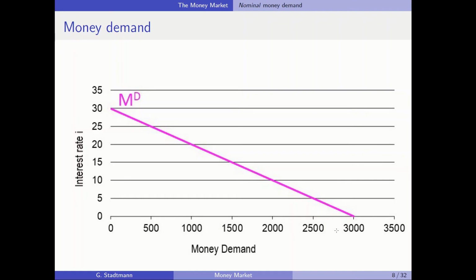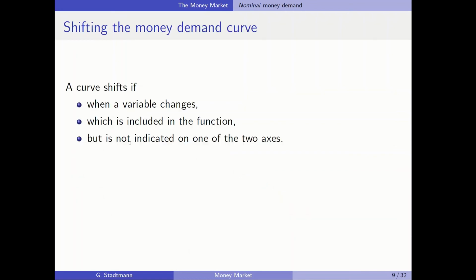A second characteristic is that we think about what kind of events are shifting the money demand relationship to the right or to the left. This is clarified on the next slide, where we talk about the shifts of the money demand curve.